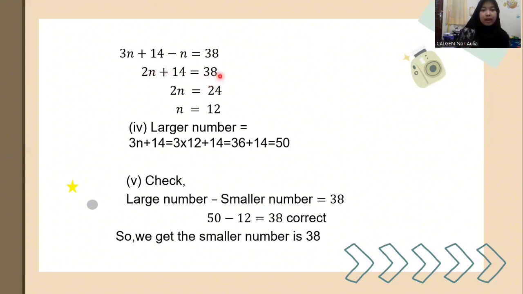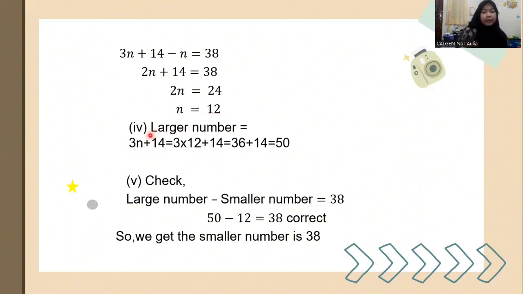So 38 minus 14, the total is 24. To find n, we divide 24 by 2, and the value of n is 12.